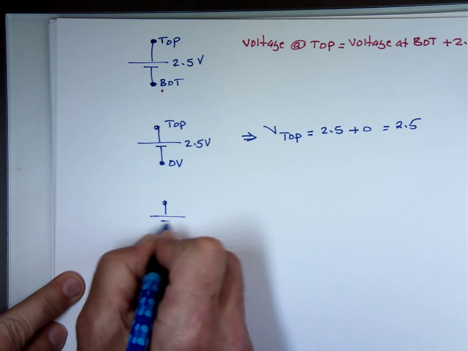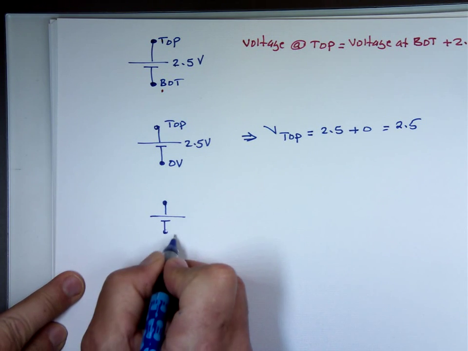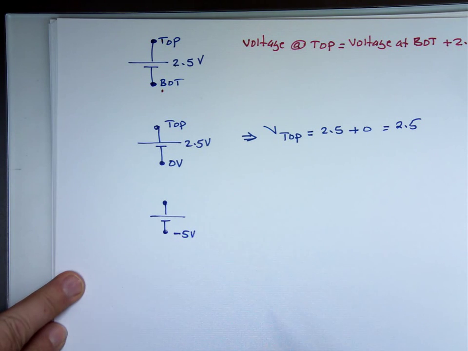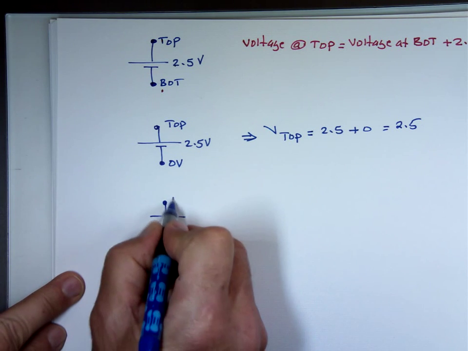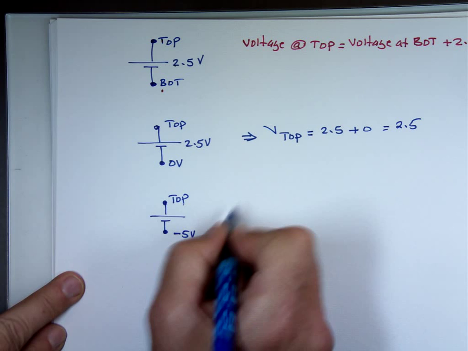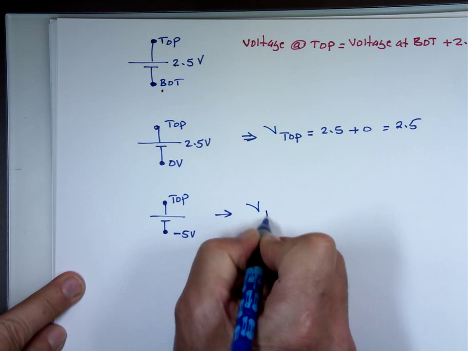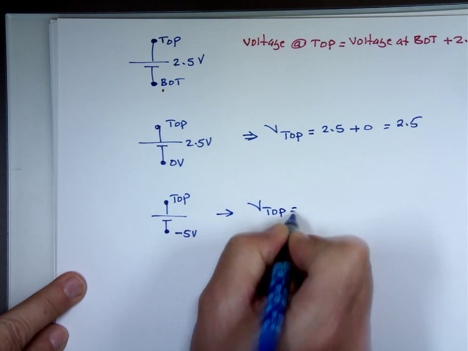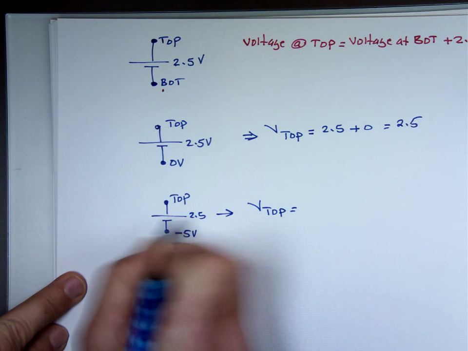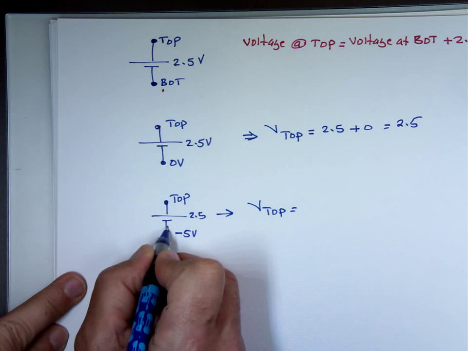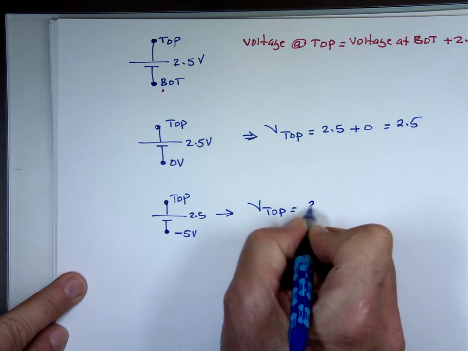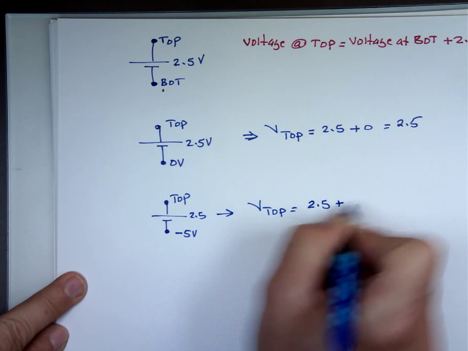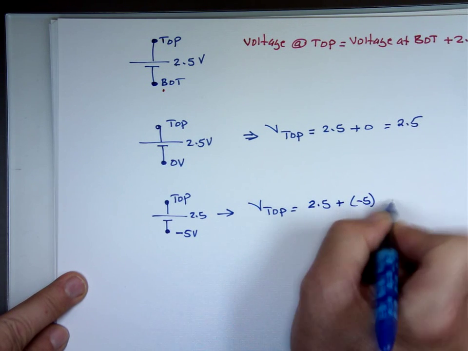But what about if the bottom is negative 5 volts here? And what's the voltage at the top here? V at the top, and again, this is 2.5. This end is going to be 2.5 higher than that end. It's going to be 2.5 plus the negative 5. And what's the voltage on the top? Negative 2.5.